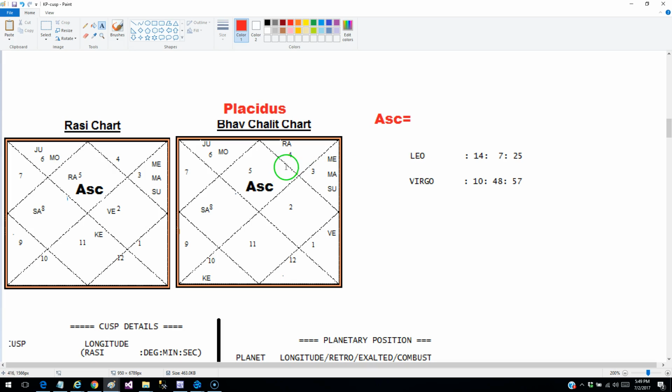So Leo is still the ascendant, and the only thing is that the span of the ascendant is from Leo 14 degrees to Virgo 10 degrees something. So this is the span. Now if you look at Rahu, we noticed that Rahu was in the ascendant over here, and it has gone into the 12th house.